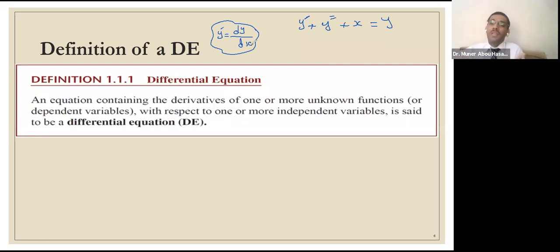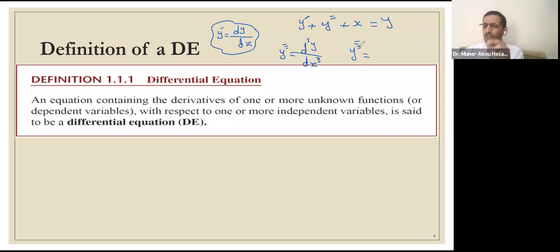Okay? Now, the third derivative, y triple prime, can be written like d cubed y over dx to the power 3. Now, what about y to the power 4? Also, it's the fourth derivative. Actually, if I wrote four primes or four dashes, it isn't easy to write them.